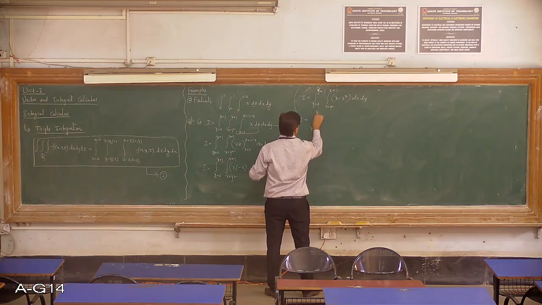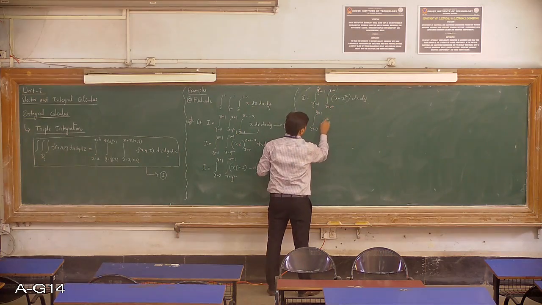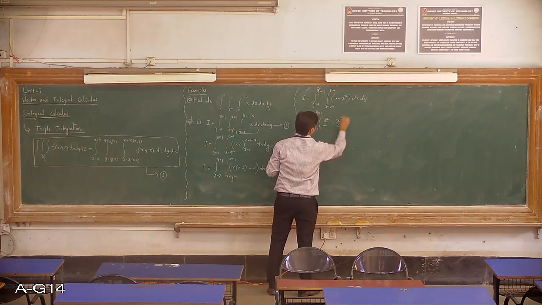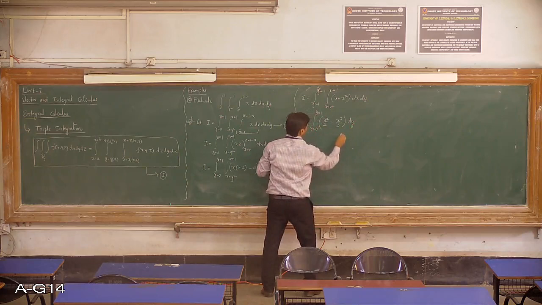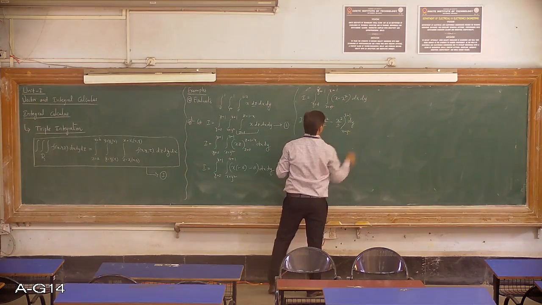The first integration is as it is. The integration of x with respect to x is x square by 2, and the integration of x square is x cube by 3, dy, with limits from x equals y square to x equals 1.